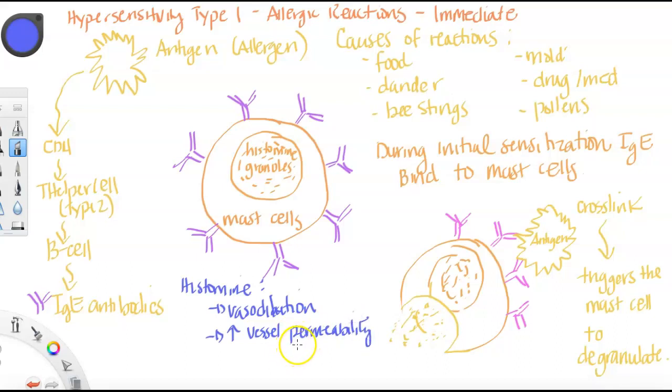So the vessels are getting dilated and the blood that's in there is seeping out anyway because the vessels are permeable. And we've got all kinds of solutes like even proteins are maybe getting out of the vessel, so the fluid's leaving the vessel even more. It also causes bronchoconstriction.